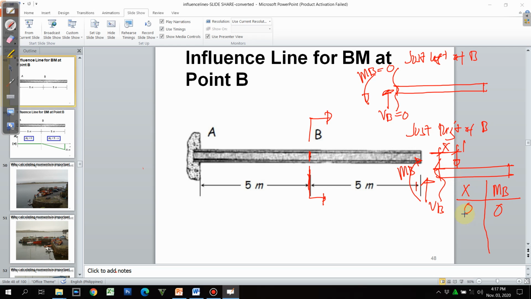If x is, say, 2.5, your moment at B will be negative 2.5. And if x is 5, your moment at B would be negative 5. So how is this?